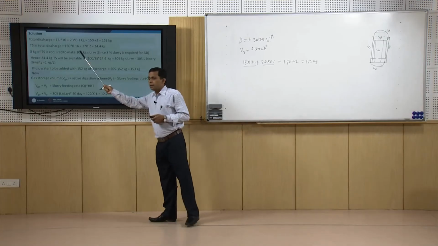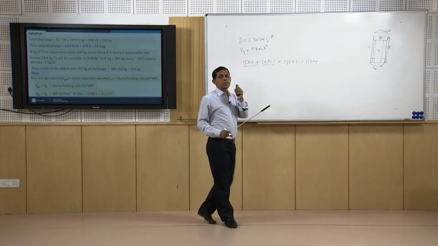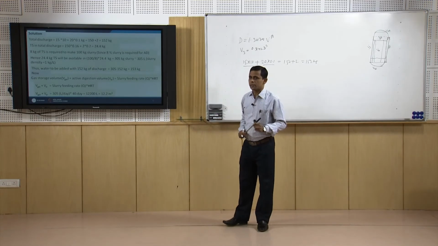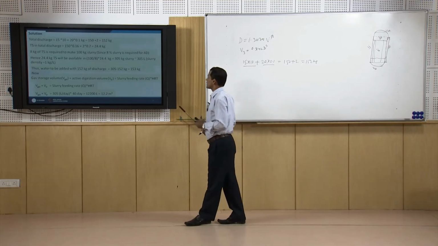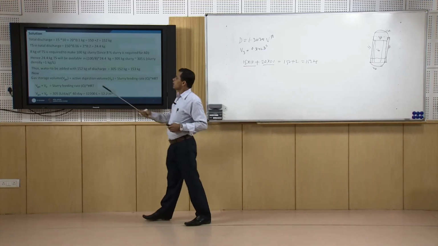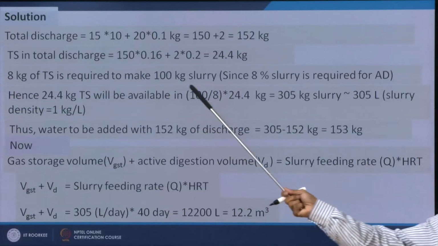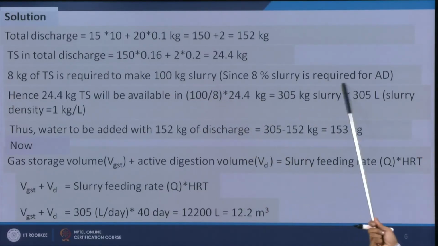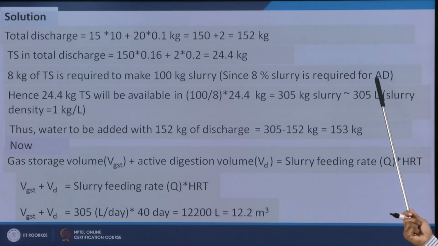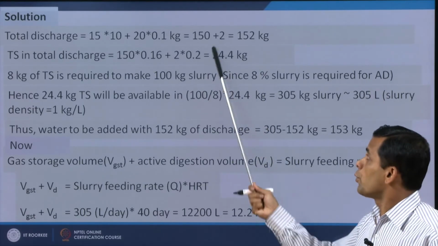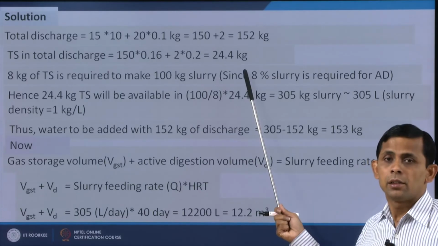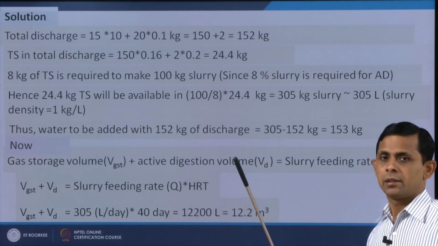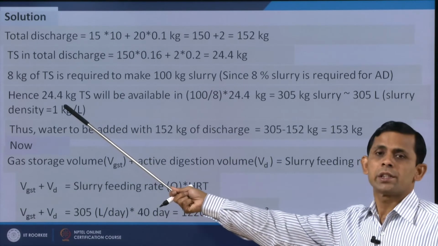Now, what is our condition? The slurry will have 8% TS. So, 8 kg of TS is required to make 100 kg of slurry, since 8% slurry is required. So, 24.4 kg is produced daily. What will be the volume of the slurry to accommodate this 24.4 kg of TS?